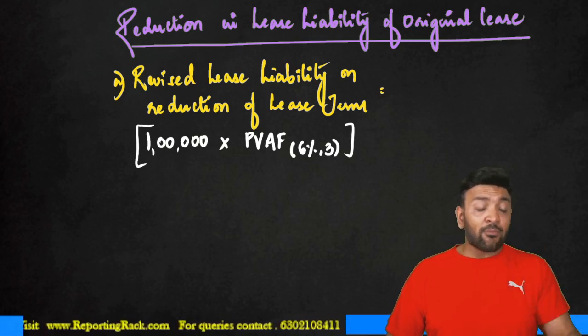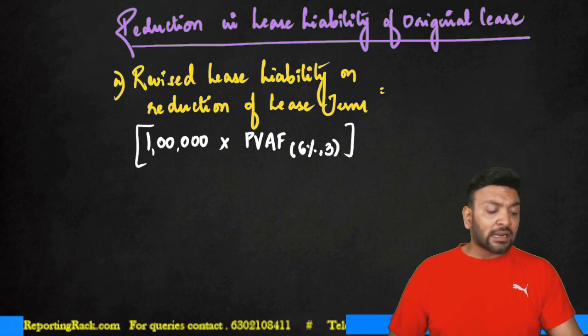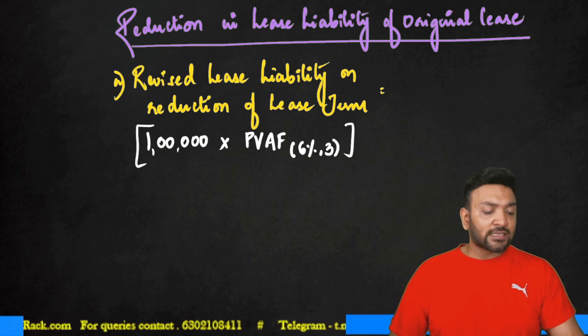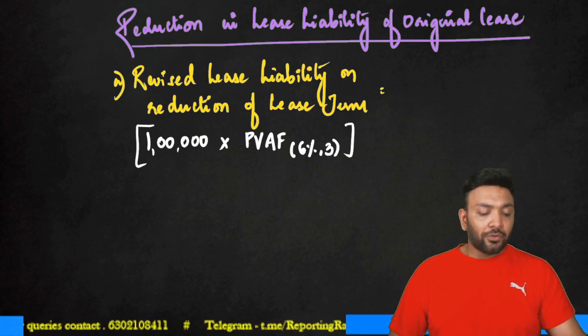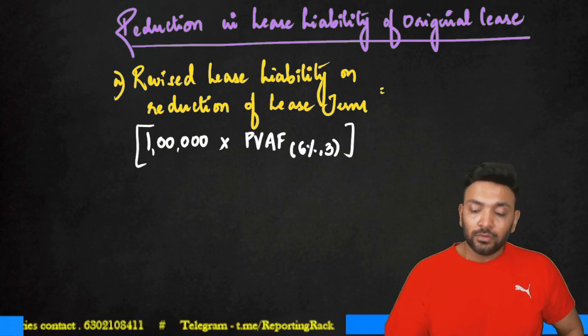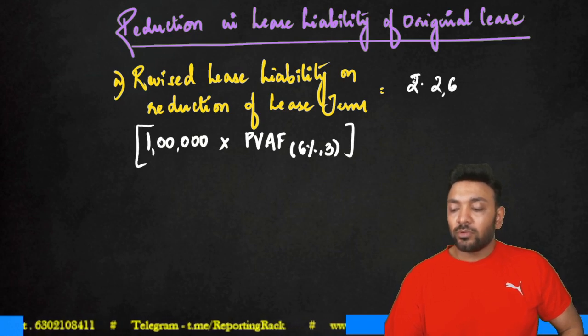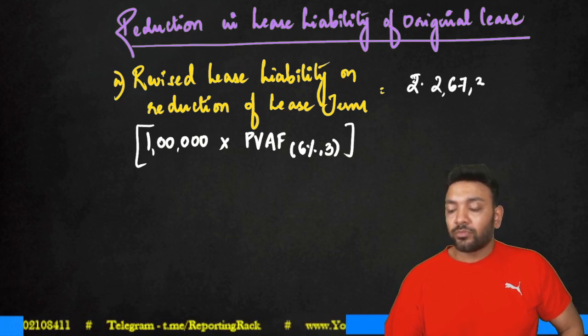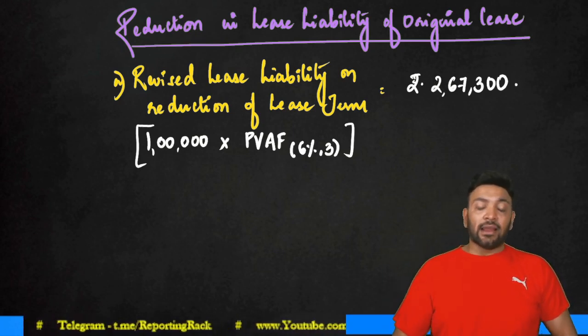Therefore I'm taking the same original discount rate to identify the value of lease liability: 0.06, 3 years, 2.673. This amount is 2,67,300.